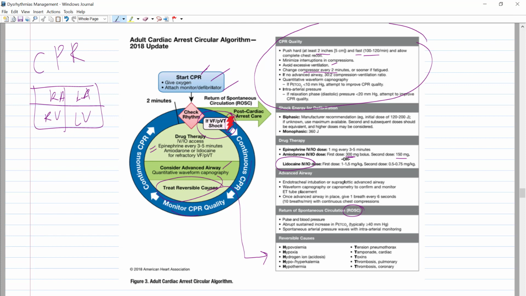And you do CPR to a patient that has asystole, right? Asystole means the heart stops completely. Atria and the ventricles are not working anymore. So you're pushing them to work. That's why you push them. While with pulseless VTAC and VFIB, the ventricles are still there, but they're quivering.